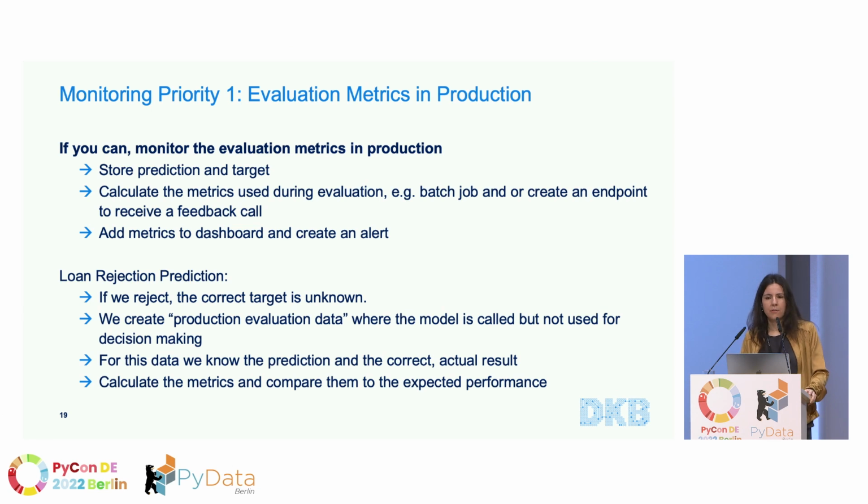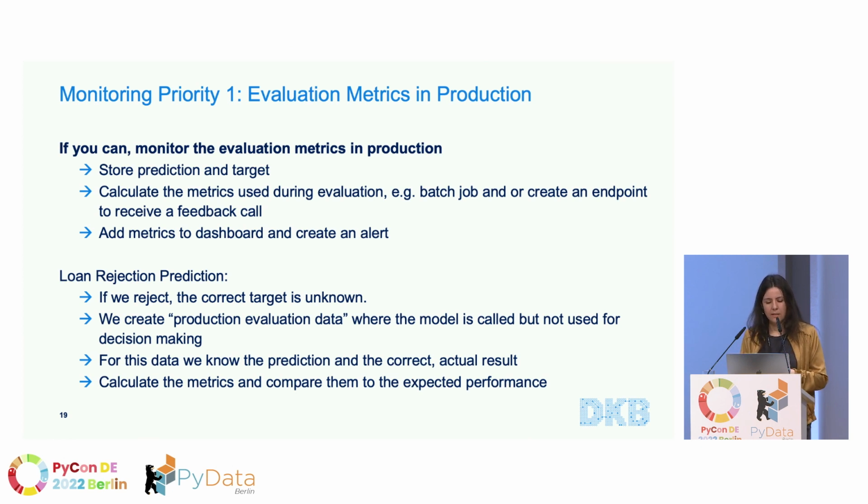For our example of the loan prediction, I already said we wouldn't have this information, because if someone has, let's say, a 99% probability to not get the loan, we would reject this request, and then we wouldn't know if we made a mistake or not.